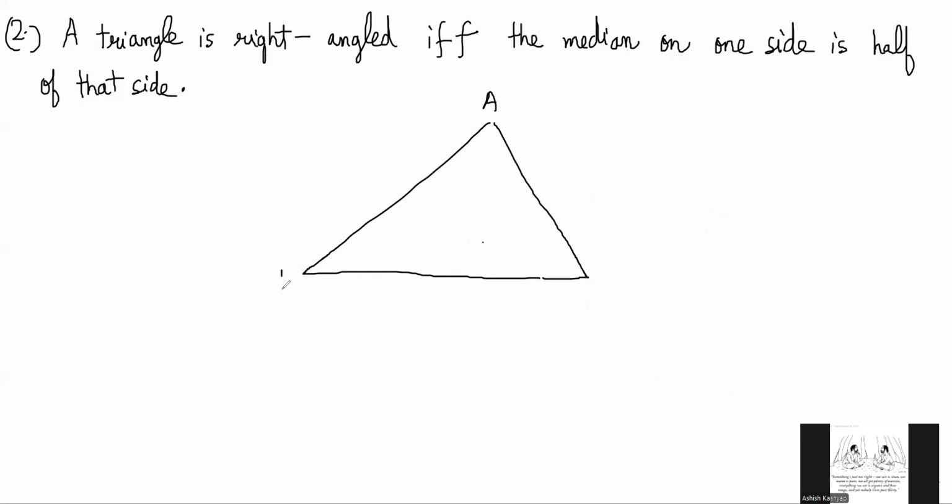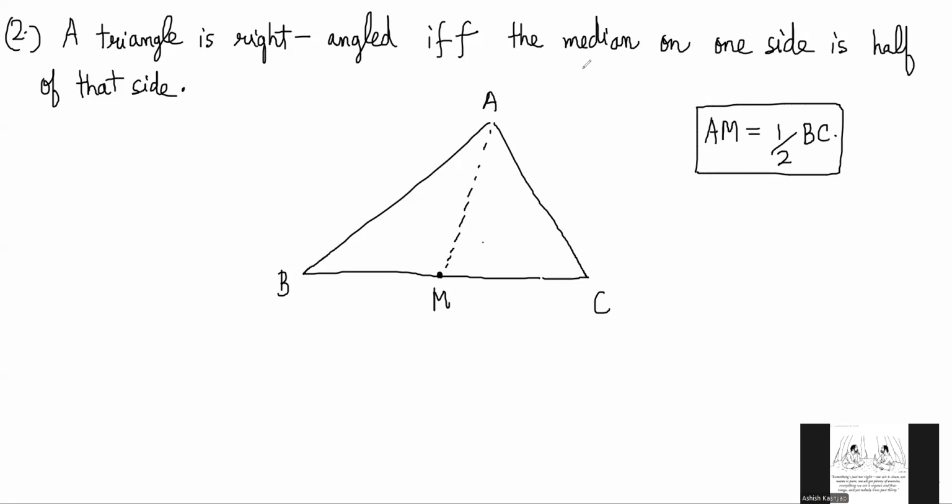This is A, this is B, this is C. From A, let's draw a median, and this is M. Let's assume that AM is equal to half of BC. What is a median? A median is a line from a vertex to the opposite side's midpoint. So this is equal to this, and we are assuming that AM is equal to half of that side. Now we have to prove that the triangle is right angled.